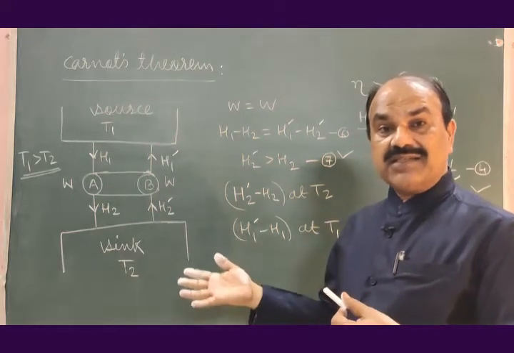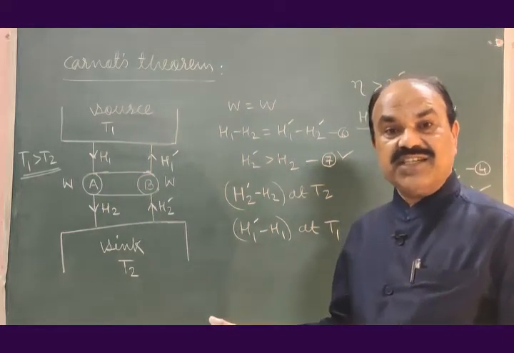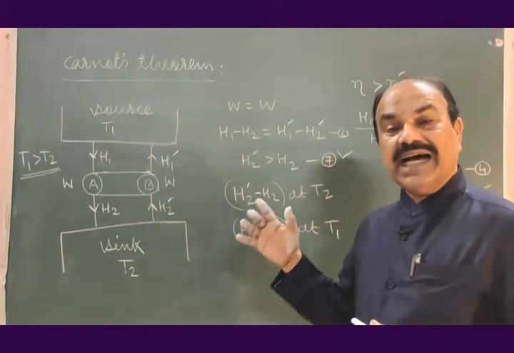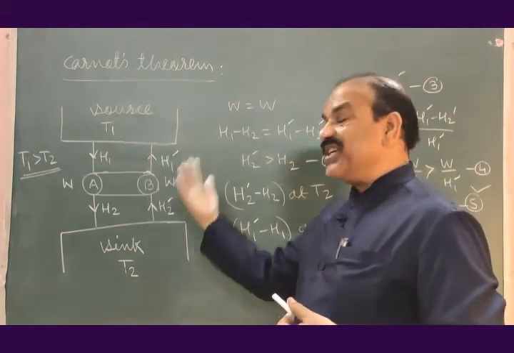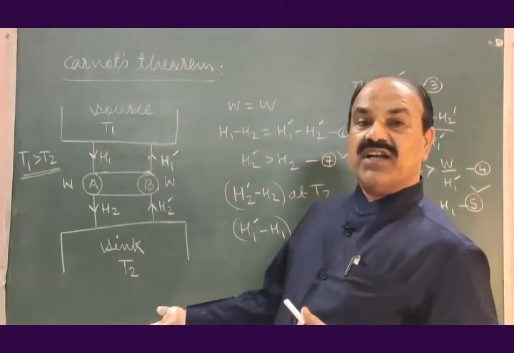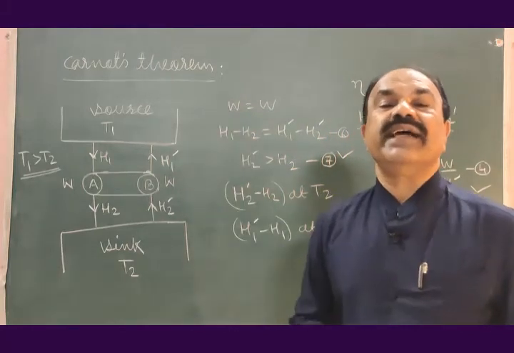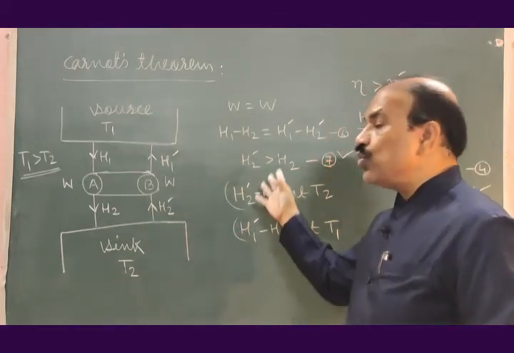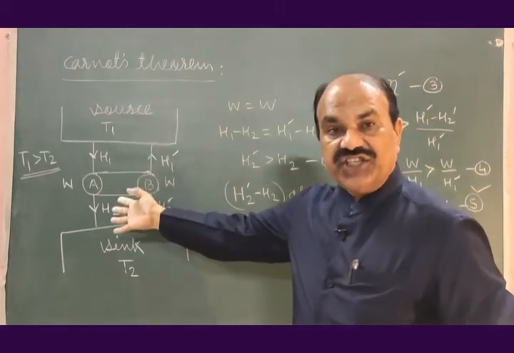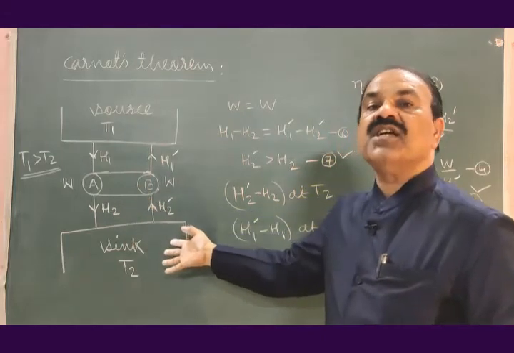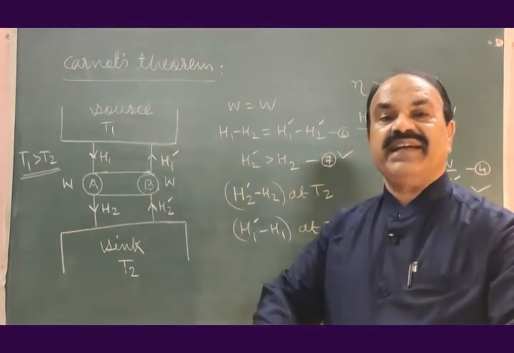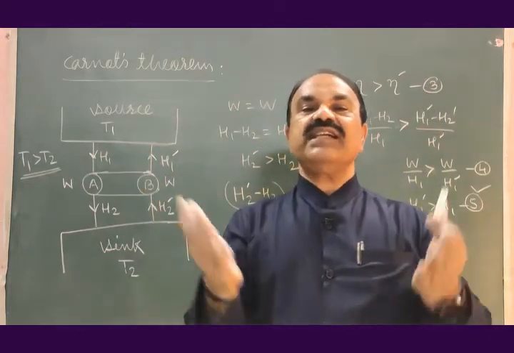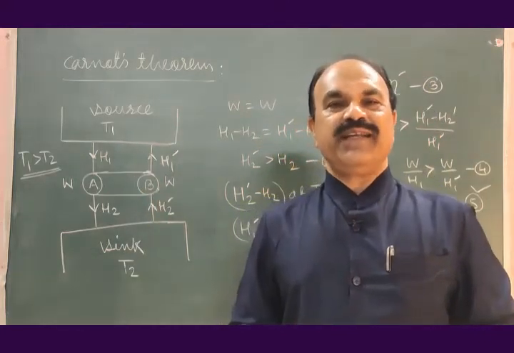Still, this system takes heat energy from the sink at lower temperature and rejects heat energy H1 dash minus H1 to the source at higher temperature. The behavior shown by this coupled engine according to our statement is contradictory to this statement of second law of thermodynamics.